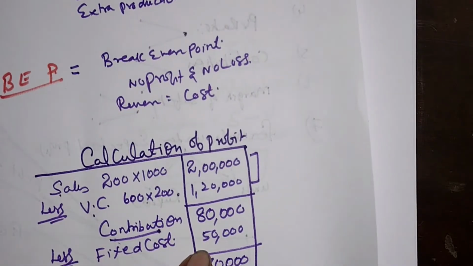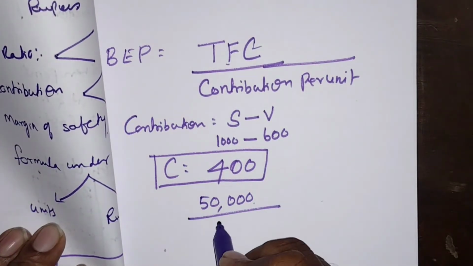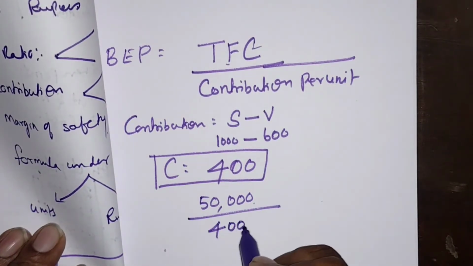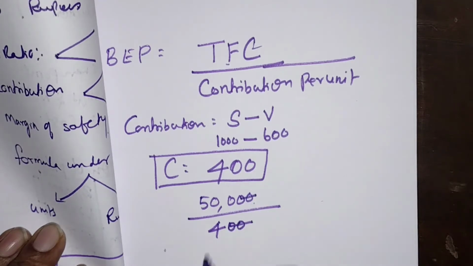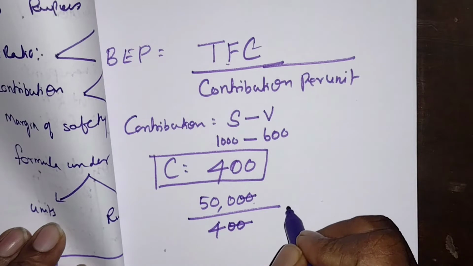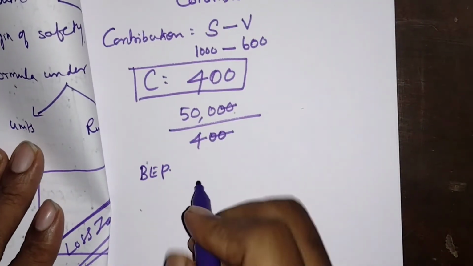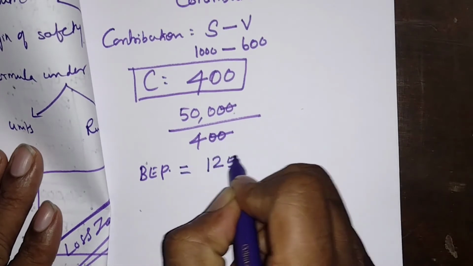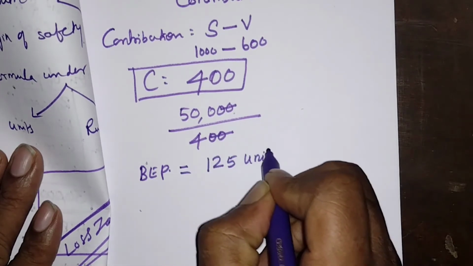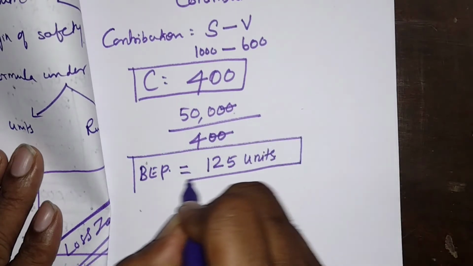Yes, 50,000 out of 50,000 is fixed cost. 400 rupees is the variable cost. 2020 gets cancelled. Therefore, BEP is equal to 125 units.